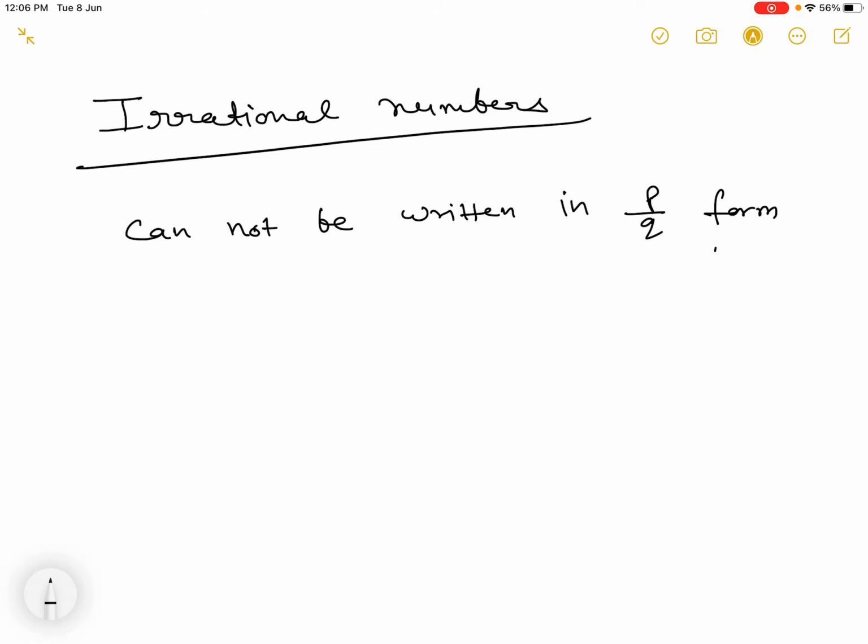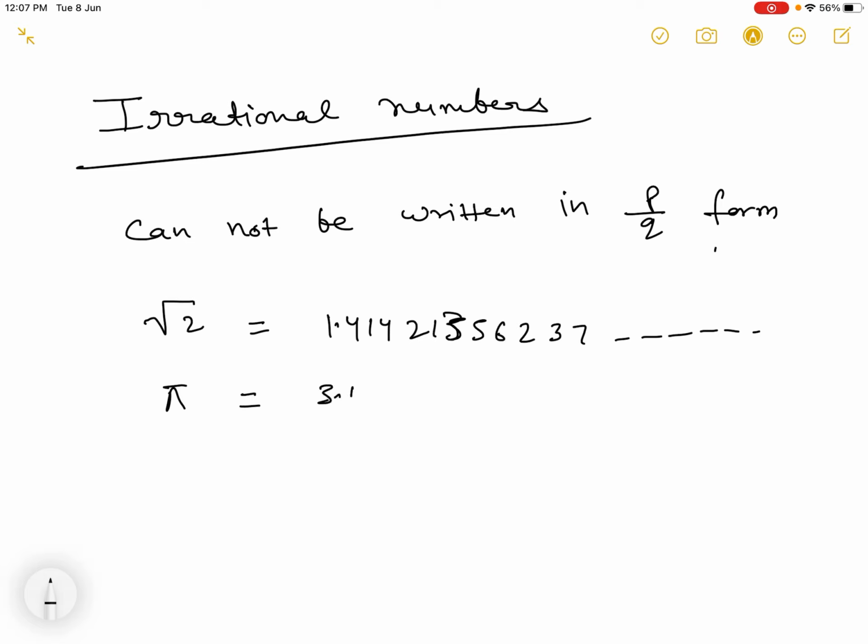Like, we can take the example of root 2, 1.414215 and so on. And the value of pi we are very well familiar with, 3.14159265 and so on. And the value of small e, this is a mathematical symbol, 2.71828182 and so on.